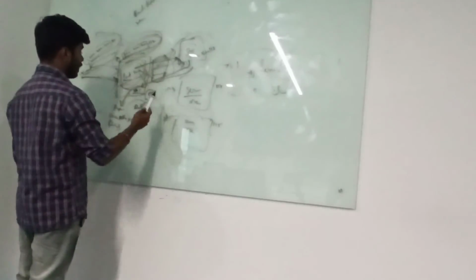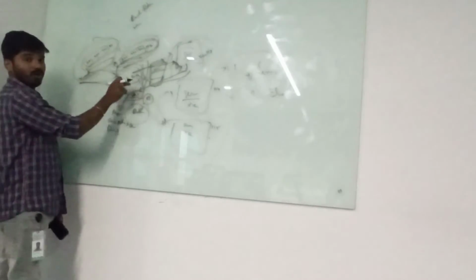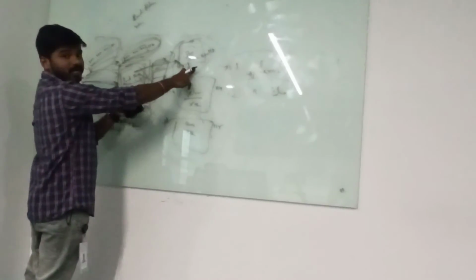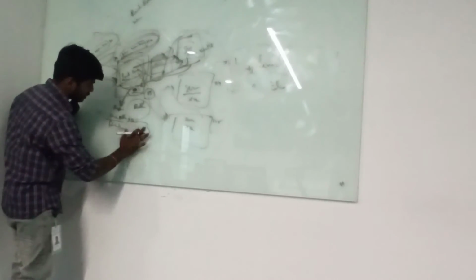For me to do that, I need to change the destination address, which the load balancer right now has as its own. If you see, this response has the source as the server IP and the destination as the load balancer IP. So now I'll change this destination IP to the client IP.